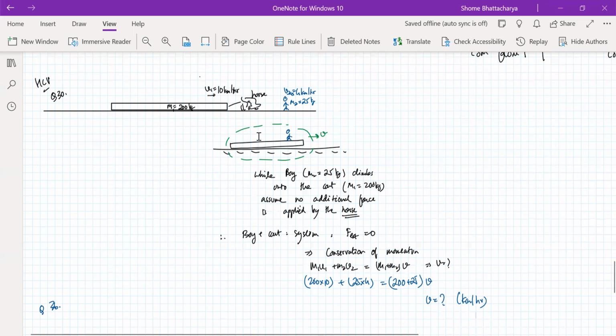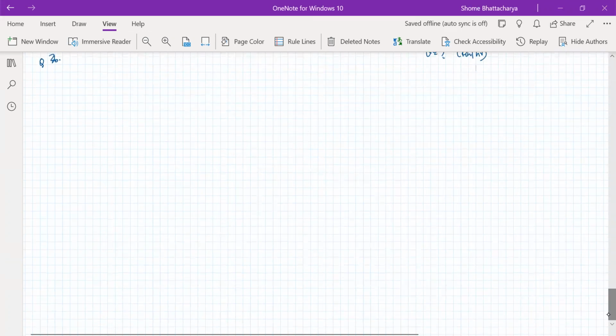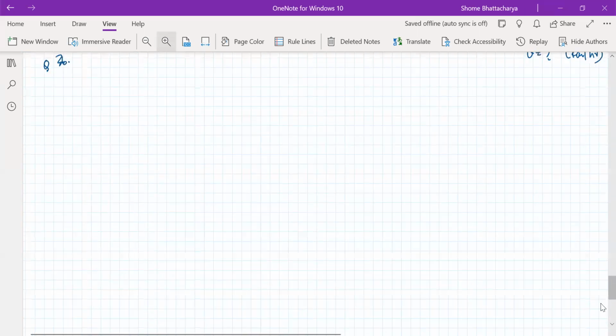Now let's look at another type of question. Next we'll look at a question using the principle of superposition for center of mass, like we had discussed earlier.